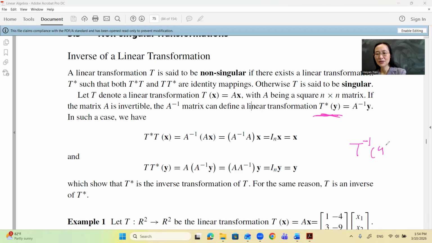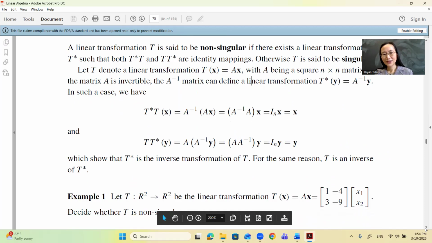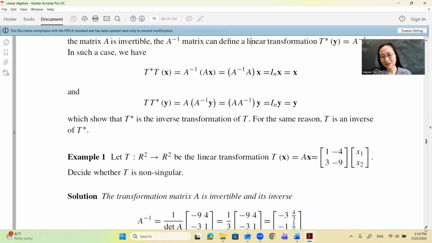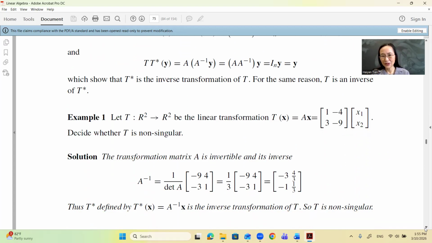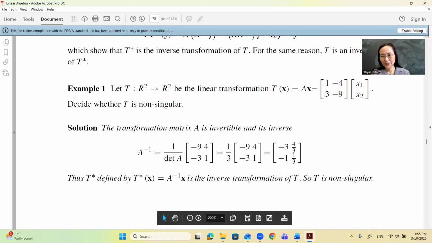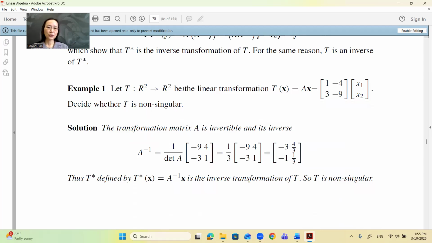If you want, you can just simply say this is an inverse transformation for T, right? So in that sense, this T star or T inverse, they're representing the inverse transformation. So you can choose the appropriate notation for this non-singular mapping. So far, we just realized that a non-singular mapping is actually an invertible mapping. Its inverse can be found easily and defined by the A inverse of the original transformation.